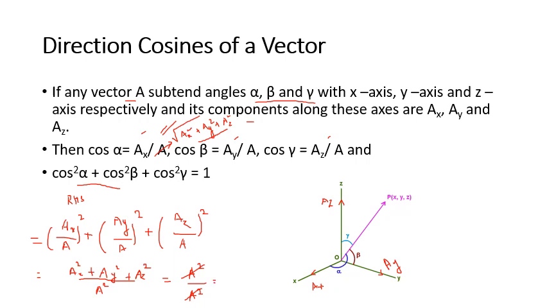So in the left hand side you have 1. What we came to the conclusion: cos squared alpha plus cos squared beta plus cos squared gamma equals 1. This means the sum of the squares of the direction cosines of a vector is always unity. I repeat, the sum of the squares of the direction cosines of a vector is always unity.